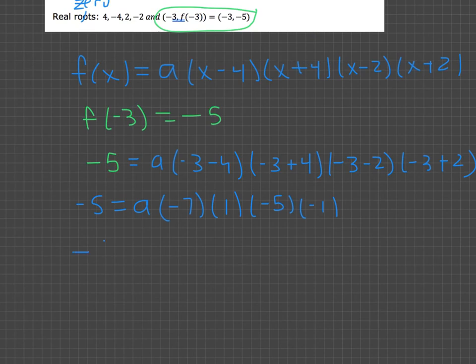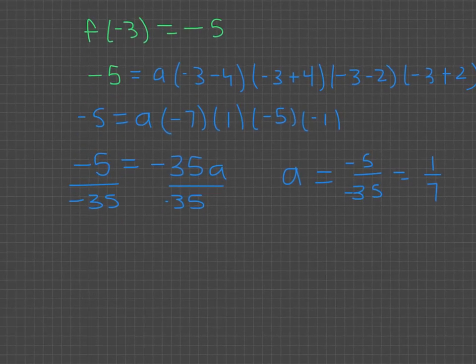So negative 5 equals a times those things multiplied together. Negative 5 times negative 7 is 35, times negative 1, so we end up with negative 35a. Divide both sides by negative 35, and we end up with a equaling negative 5 over negative 35, which simplifies to 1/7.